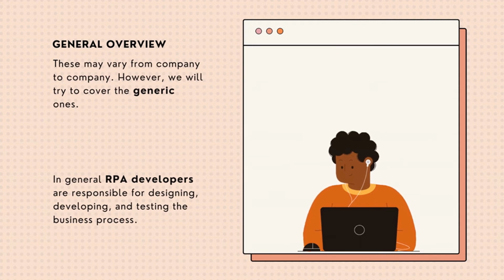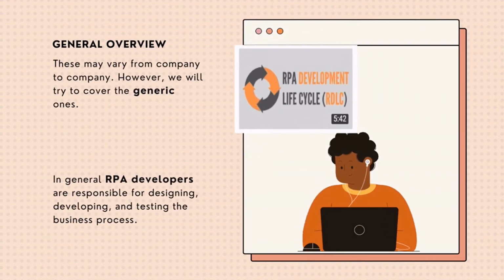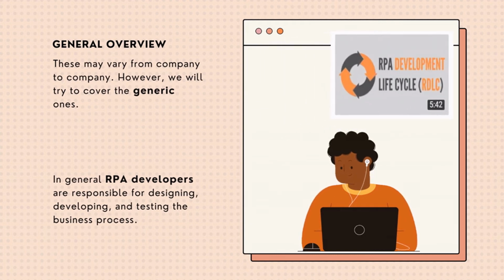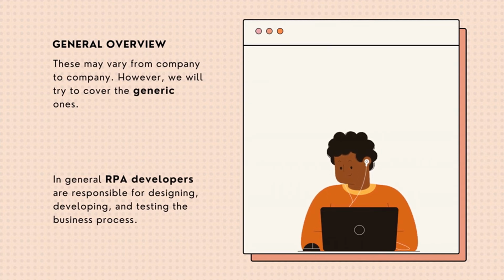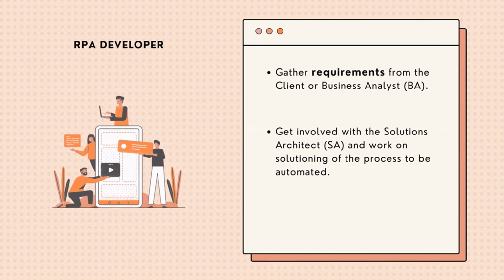First of all, how the process goes, we have covered everything in RDLC, the RPA Development Life Cycle. You can view that video to get an understanding of how the processes are identified, how they are developed, and what the phases involved in RPA development are. The RPA developer gathers the requirements from the client or business analyst.